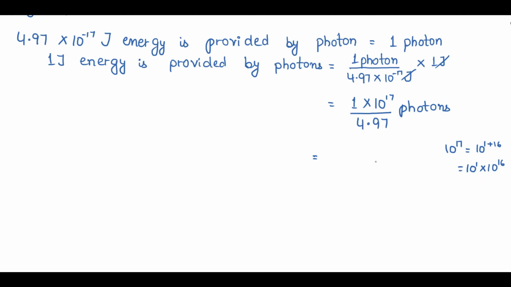So 1 into 10 will be 10 into 10 raised to power 16 divided by 4.97, and the units are photons. So 10 divided by 4.97, your answer will be 2.01 into 10 raised to power 16 photons. In this question, 2.01 into 10 raised to power 16 photons provide energy equal to 1 joule.